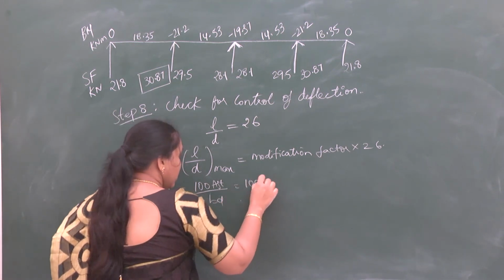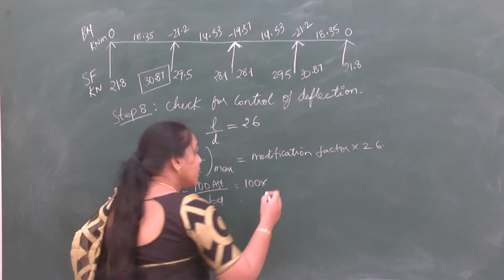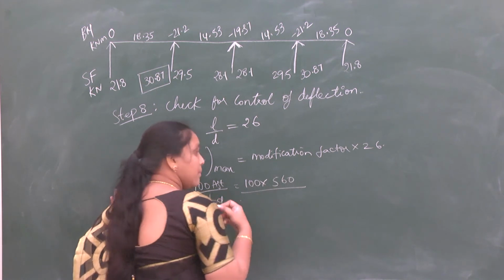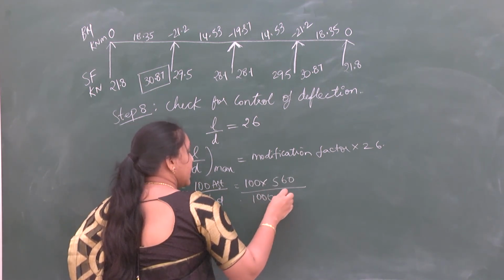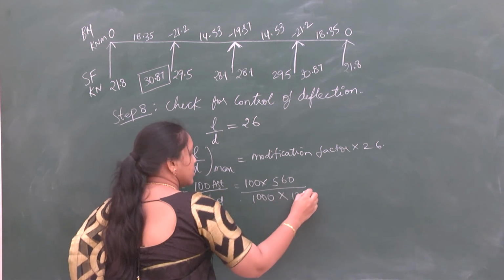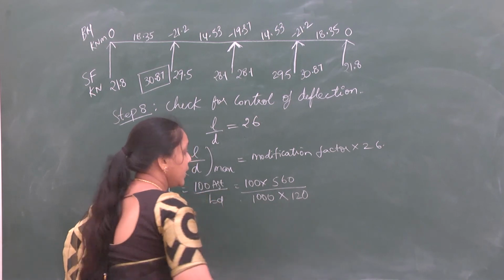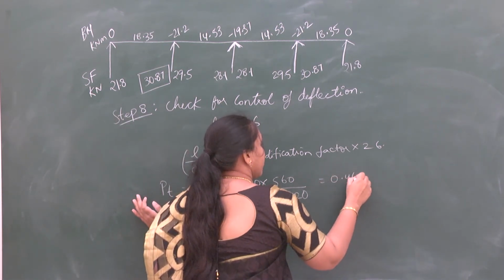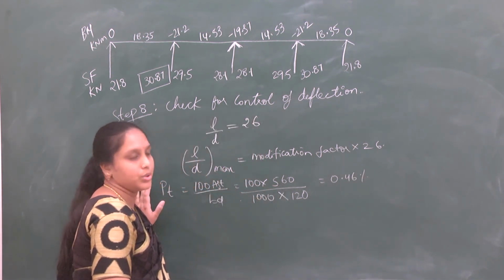So 100 into AST, the area of steel provided for the maximum bending moment, 560 mm square, divided by B, which is 1000 mm for 1 meter width, into D, the effective depth, which is 120 mm. If you solve this, you will get a value of 0.46%. That is, the percentage of steel is 0.46%.